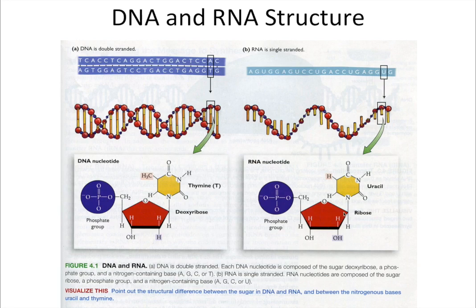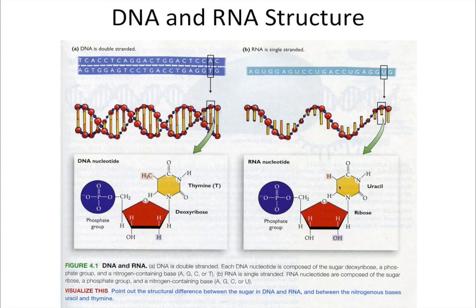The main difference between the DNA and the RNA is that the DNA has the deoxyribose and the RNA has the ribose. The ribose has a hydroxyl group in this position in the bottom corner of the ribose ring. In the DNA, this is gone. So that's where you get the name deoxyribose.